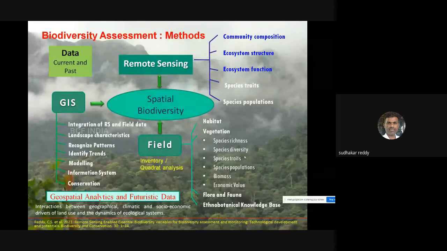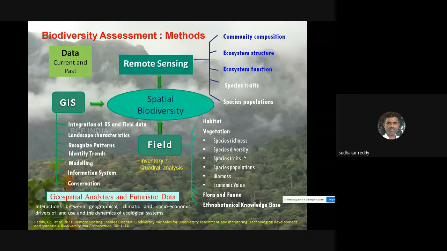Then in this area of geospatial technology, we have the GIS. It is a Geographic Information System, and it is a computer-aided technology. It supports data both from satellite-based remote sensing and from field-based inventories.